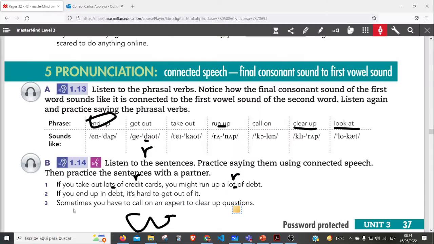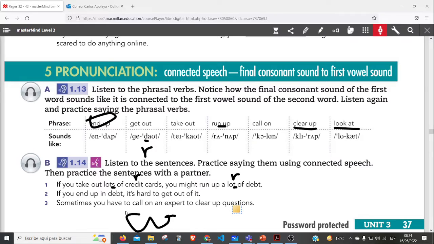Sometimes you have to call on an expert to clear up questions.